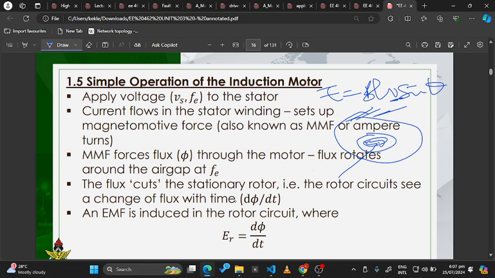In a generator you have a prime mover, which is rotating this field. As it rotates the field, there will be relative motion, because the flux is being rotated. So it will cut the stationary armature windings.